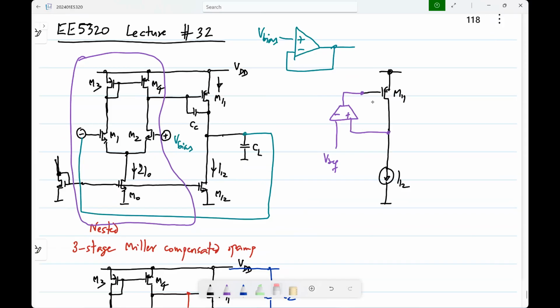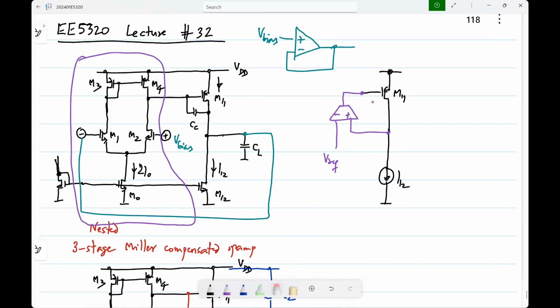Now, of course, as far as analysis is concerned, many times you have to do analysis in open loop, but then you assume that the transistors are in the saturation region, but then eventually you have to verify that when you place it in feedback, they are in the right regions of operation. The same goes for simulations also, right? Whenever you do simulations or breadboard experiments or anything, the first thing to check is the operating point, okay?